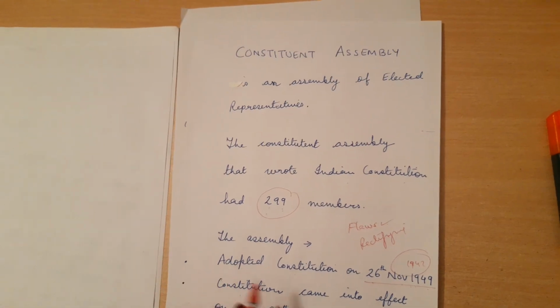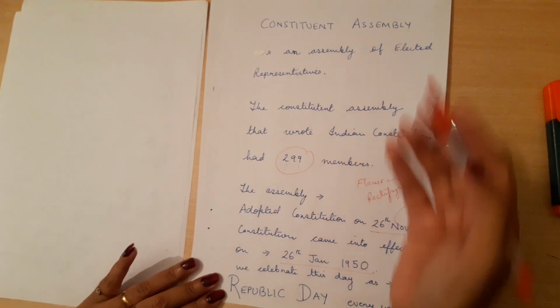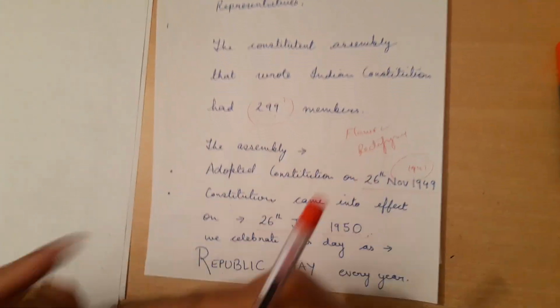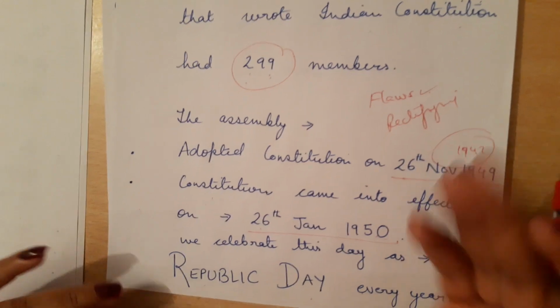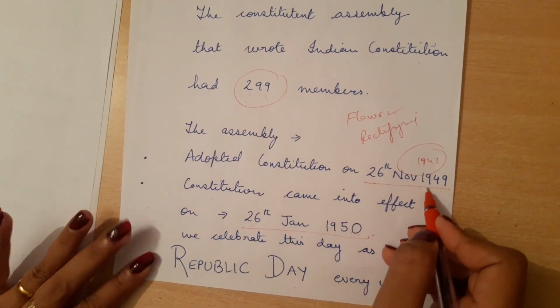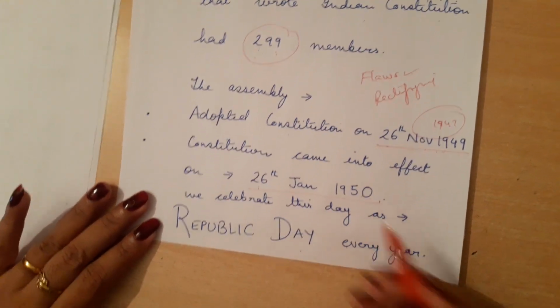And then 299 members were there in the Constituent Assembly, who adopted the drafted constitution by rectifying, dissolving, and making it again and again. Finally, on 26 November they adopted it in 49, and then it came into effect in 1950.